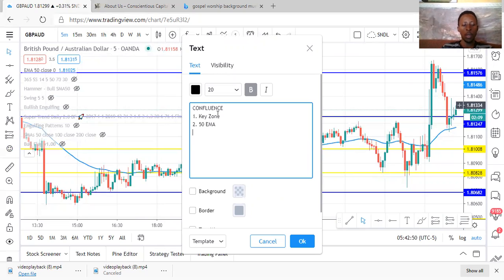Three, the trend. Four, price action candle.